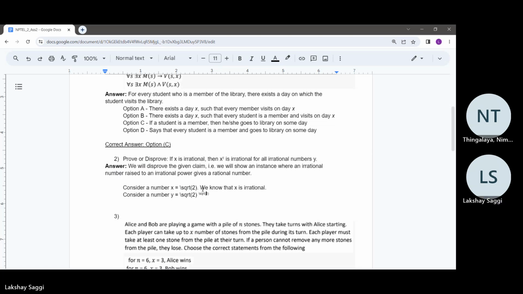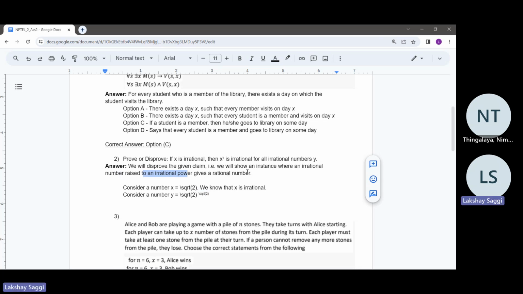So y is a number where root 2 is irrational, so it is something like irrational raised to the power irrational. And what we actually want to prove is that there exists an instance where an irrational number raised to an irrational number gives a rational number.